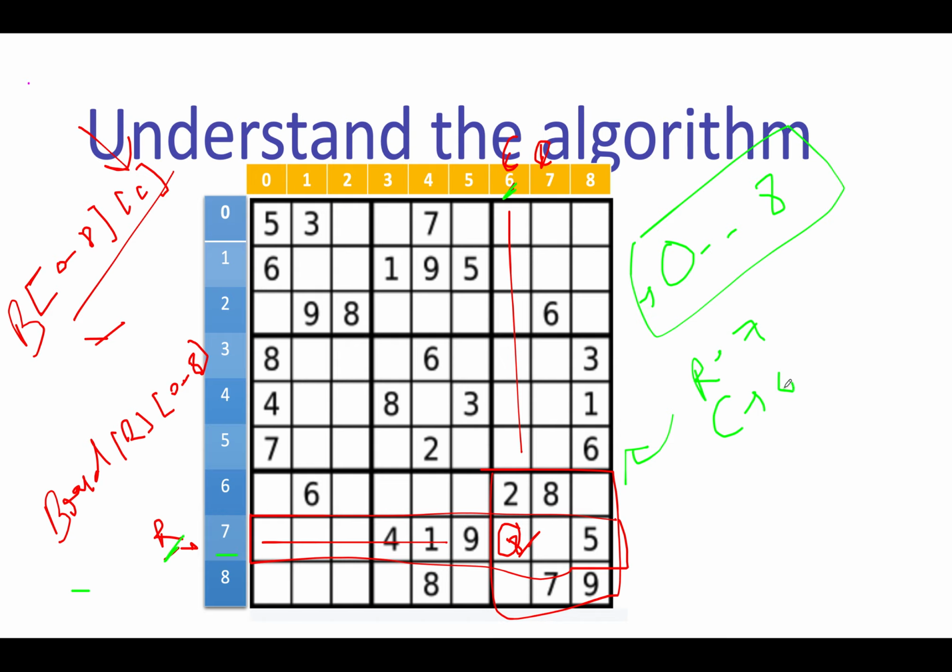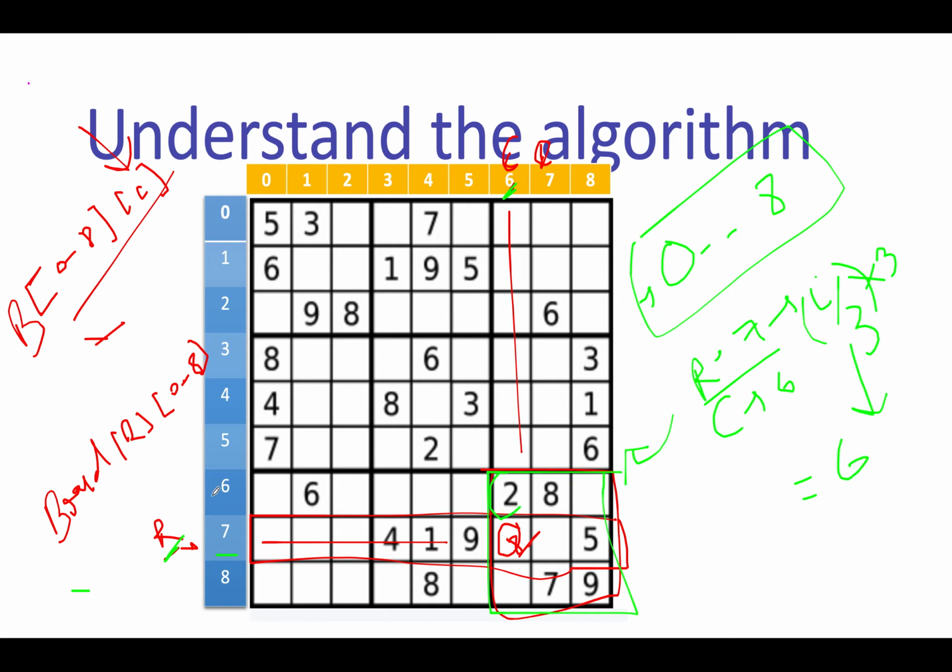How can we reach the starting element of this submatrix? It's again pretty easy. You'll divide this value by 3 and then multiply this value by 3. So if you divide, it's R by 3 into 3, and it will give you the normalized starting row, which is 7 by 3 is 2, 2 into 3 is 6. So you get the normalized row.